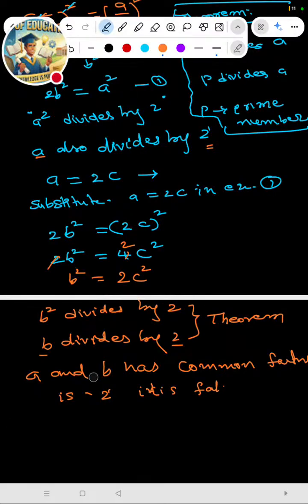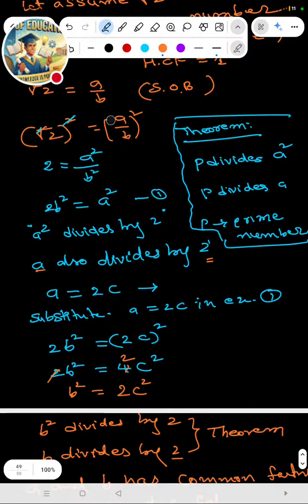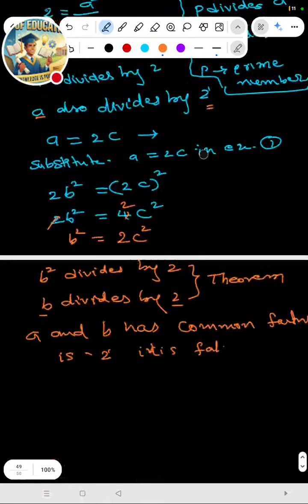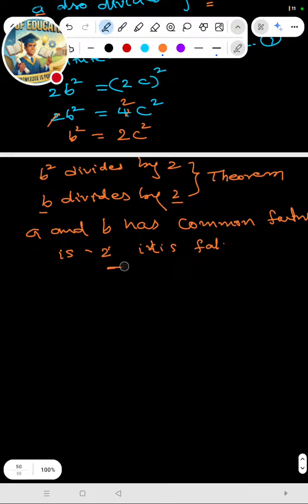Why? We already know that a and b are co-prime. What is the HCF here? 1 only. But here we are getting 2, so it is a false statement.